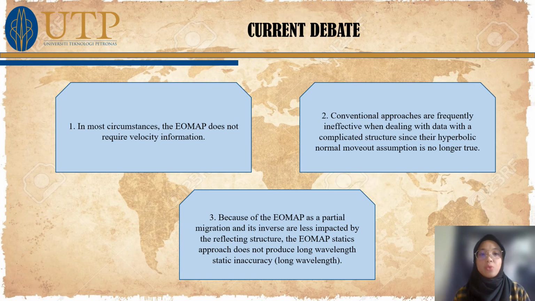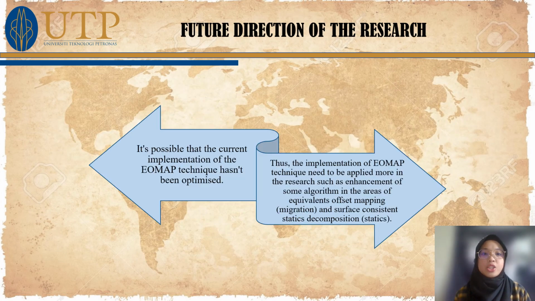For the future direction of the research, it's possible that the current implementation of the EO map technique hasn't been optimized. Thus, the implementation of the EO map technique needs to be applied more in research, such as enhancement of some algorithms in the areas of equivalent offset mapping migrations and surface consistent static decomposition statics.